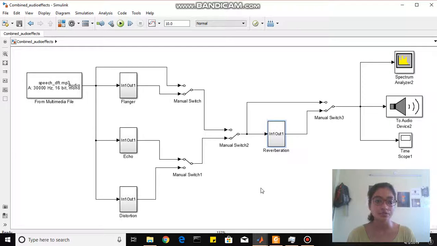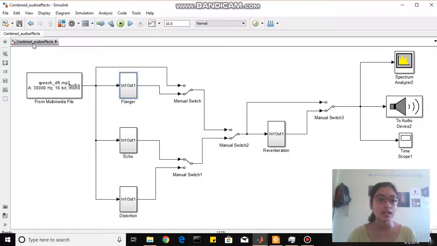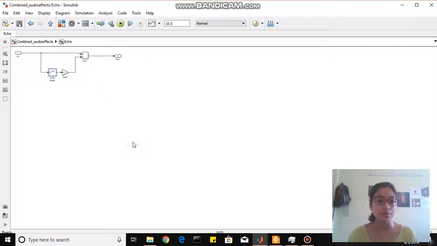it works. So this is my flanger subsystem which has the flanger components which I showed you in the previous model. Next, this is my echo subsystem which has the components that are needed for the echo.